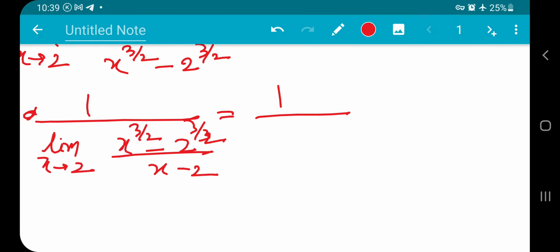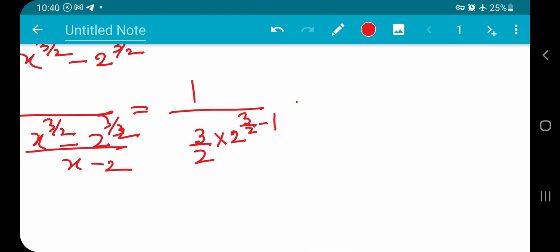What is the form? The form is 3 by 2 into 2 to the power 3 by 2 minus 1. That is coming 1 by 3 by 2 into 2 to the power 1 by 2.